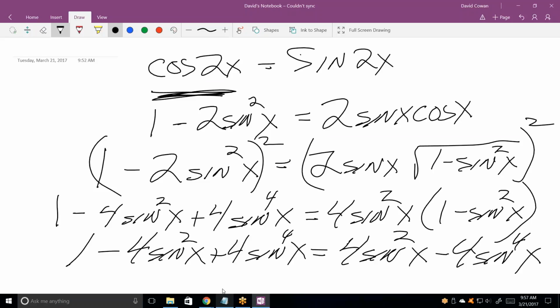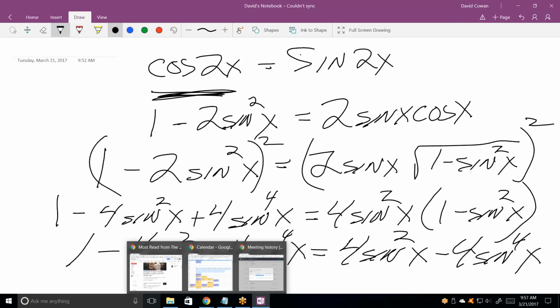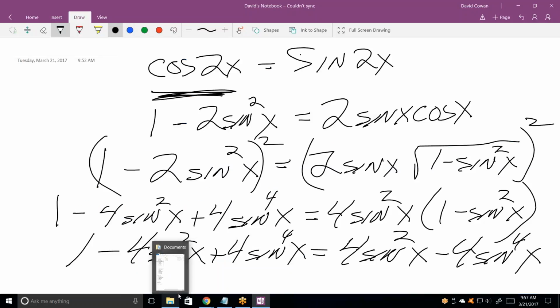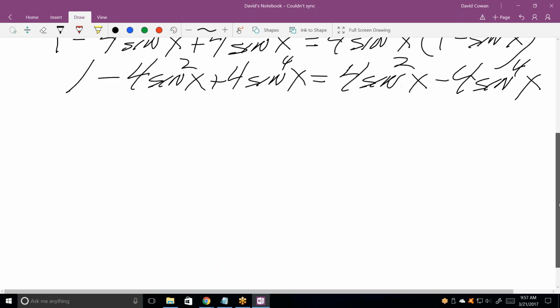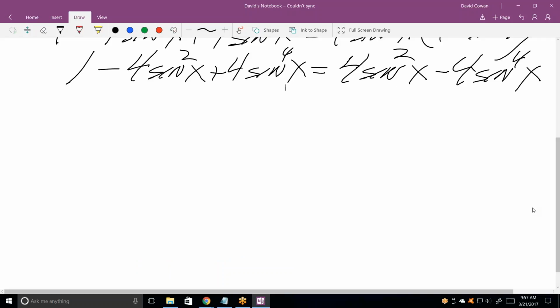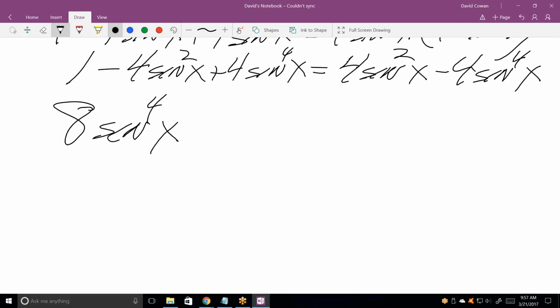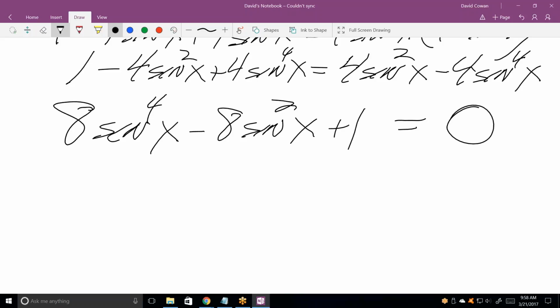Now I've got, hold on. What do I got? I got a total of 8 sine to the 4th x minus 8 sine squared of x plus 1 equals 0.